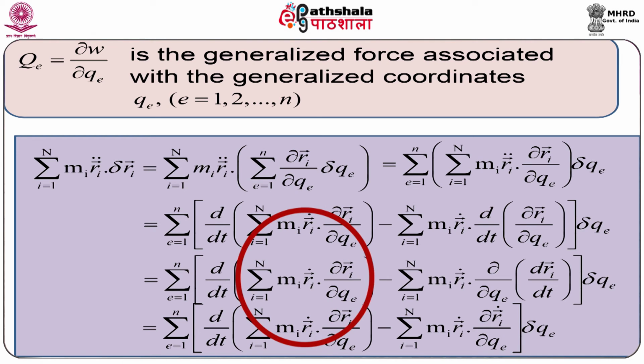This term is written as it is. Here we have interchanged the d/dt operation and the del by del qk operation. Interchanging this, we have written this term in this way.